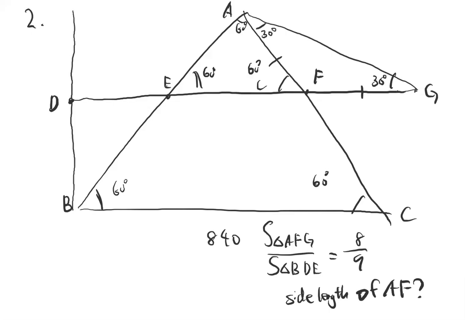And an interesting thing is that EAG, this whole triangle, is actually a 90, 60, 30 degree triangle. So that's very interesting. Now let's look at BDE. BDE is actually another 30, 60, 90 triangle. So what does this really tell us?